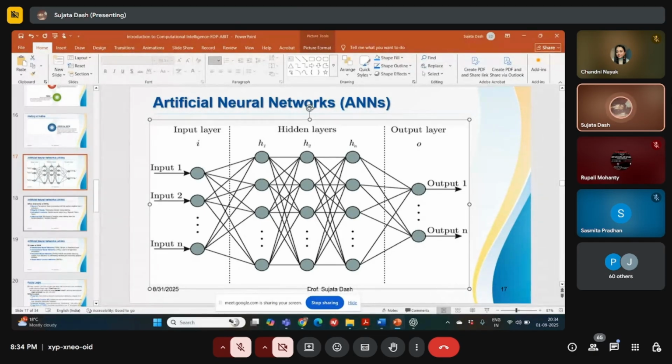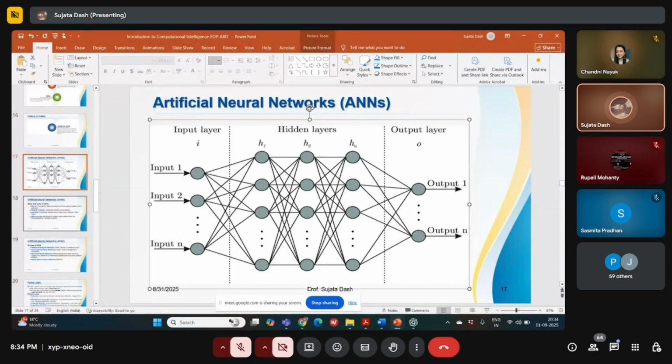Here, each neuron has two functions, summation function and activation function. The activation function may be linear or non-linear. If the problem is linear, then you may have a linear activation function. Otherwise, the activation function will be non-linear.